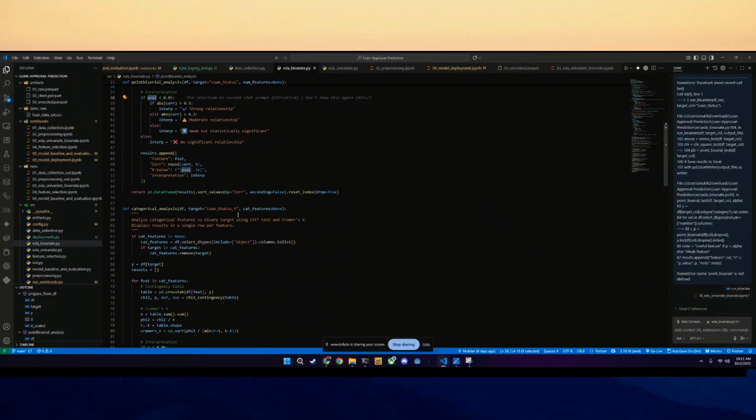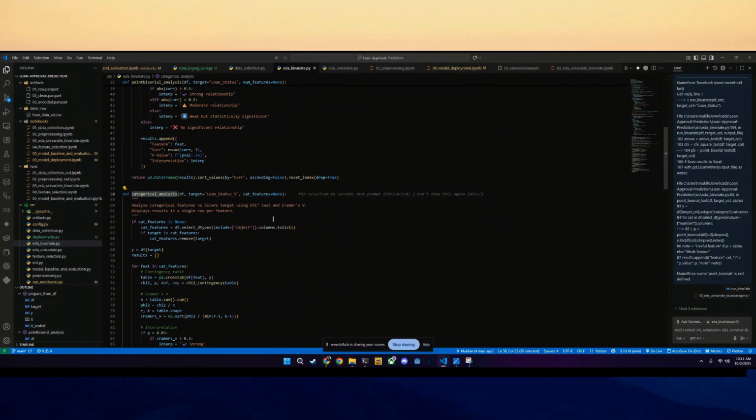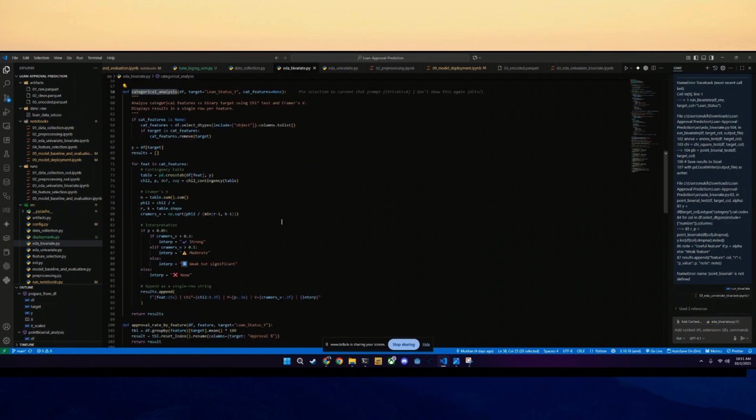Okay, and let's move on to the categorical analysis. This method can be used to know the relationship between the categorical columns and the target variable. Here we are taking the data frame, loan status, and all the categorical feature columns. Here I used chi-square and the Cramér's V function.